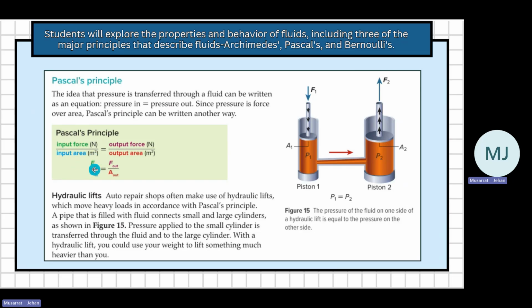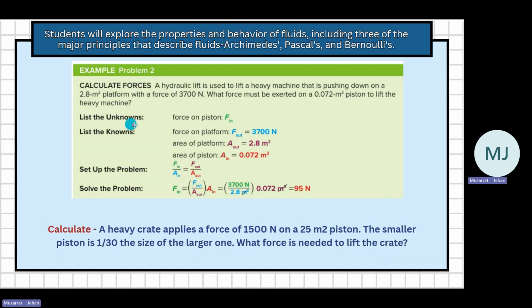We write in for input and out for output. So F_in over A_in is equal to F_out over A_out. Hydraulic lifts work on this principle in auto repair shops. So you can get a problem to solve using this formula. Like here, calculate: a hydraulic lift is used to lift a heavy machine that is pushing down on a 2.8.